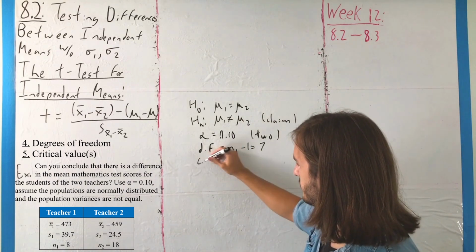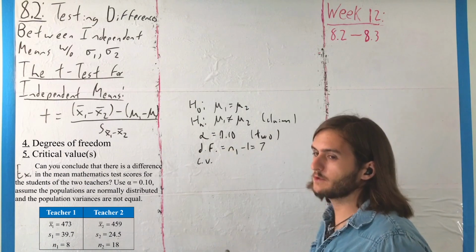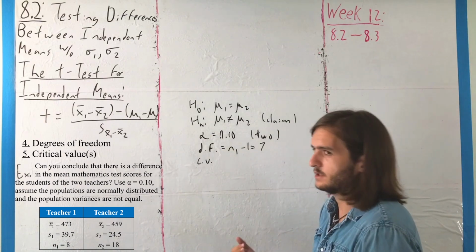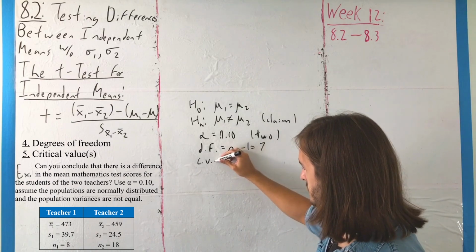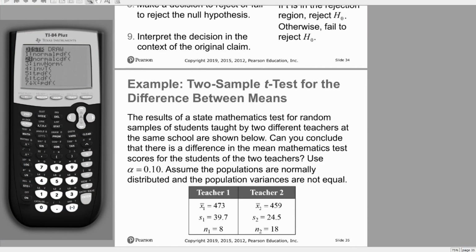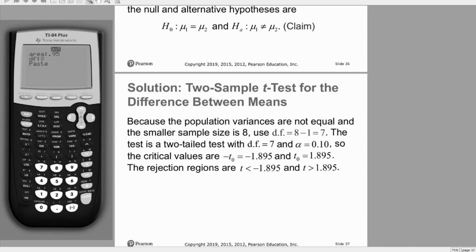For our critical values, whether you want to use a table, the tables actually get better the further we go on here, or what I prefer is the calculator. If you're going to use the calculator, that's going to be something in the flavor of an inverse t, where because we have 10% split between two tails, that's 5% with 7 degrees of freedom.